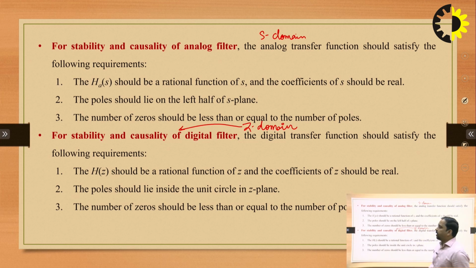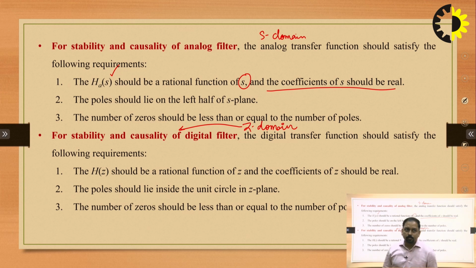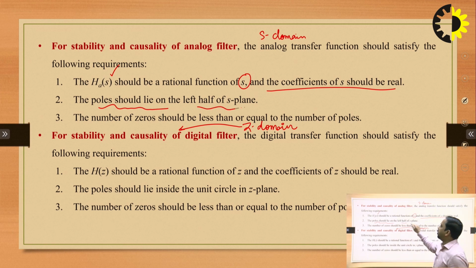In the S domain, H_a of s, the transfer function, should be a rational function of s and the coefficients of s should be real. This is the first point. Next, on the basis of the location of poles, the poles of H of s must lie in the left hand side of the S plane.